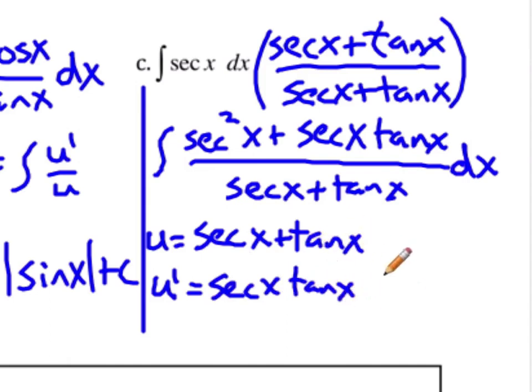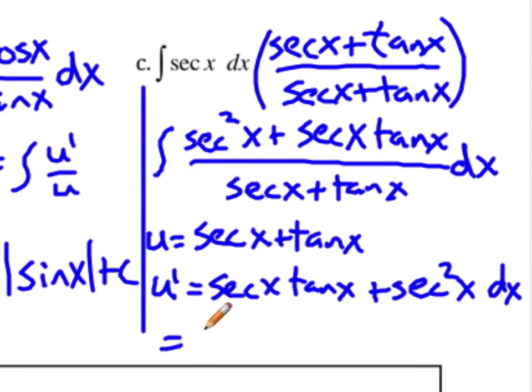And then the derivative of tangent x is secant squared x. Okay, so here's u prime. And if we look at our integral now, we have secant squared x plus secant x tan x, which is u prime. Oh, and we have a dx here. So this is already in the form u prime over u.